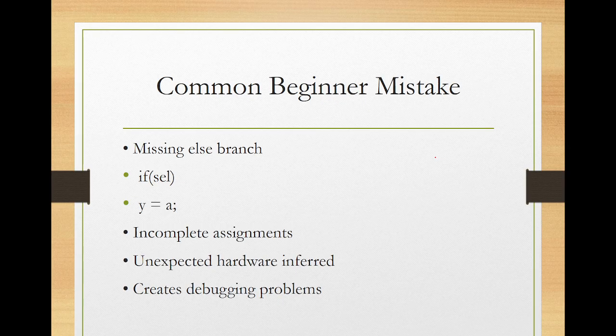Now let's break something. Look carefully: if sel, y equals a. That's it. No else. What happens when sel equals 0? Who assigns y? Nobody. And suddenly synthesis gets confused.